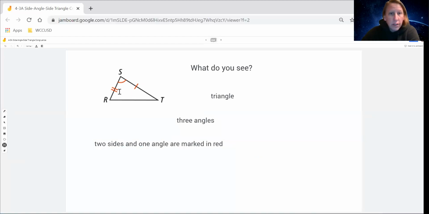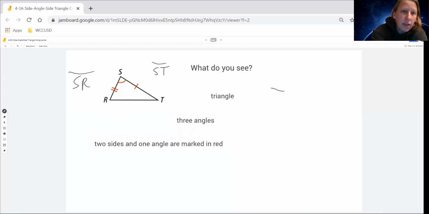We see the angle that is marked is across from side RT. We could say that line segment SR has a mark on it. Line segment ST has a mark on it. Angle S has a mark on it.